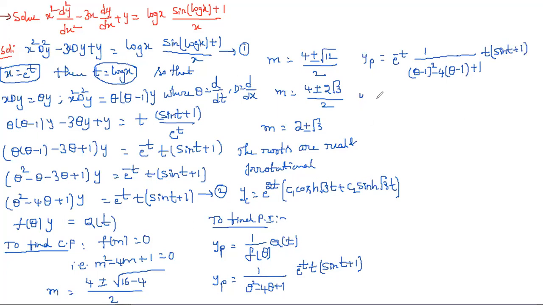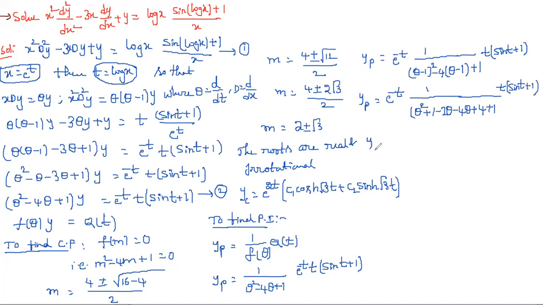So yp is equal to e power minus t into, first we can simplify this one. If you simplify this, what will we get? (theta minus 1) whole square is nothing but theta square plus 1 minus 2 theta, and minus 4 theta plus 4 plus 1, and the remaining as it is, t into sine t plus 1.